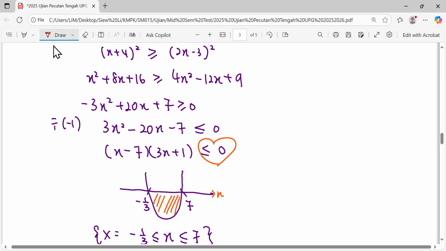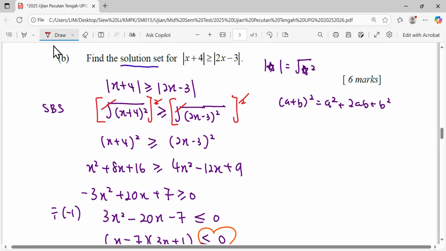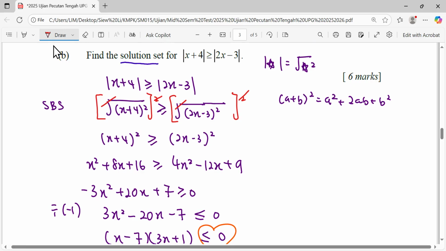So in order to score this, what are the important concepts for these 6 marks? First of all, the important concept is that you need to know that for modulus both sides, the way of solving it is squaring both sides. Alright, so that is the important concept, and how you expand it until you get a quadratic.